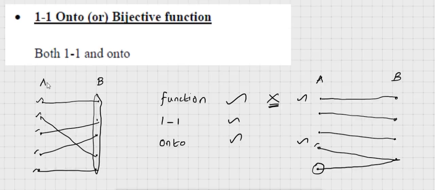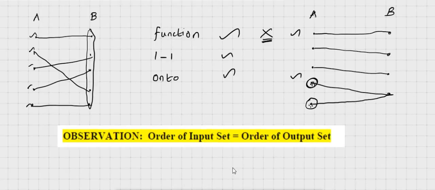Because these two inputs have the same outputs. Here it is satisfying the definition of a function as well as onto, but the one-to-one condition is not satisfied. So the observation here is the order of input set must be equal to the order of output set.